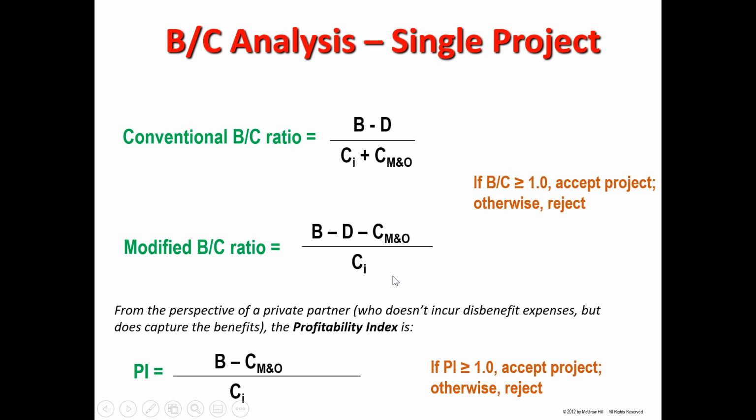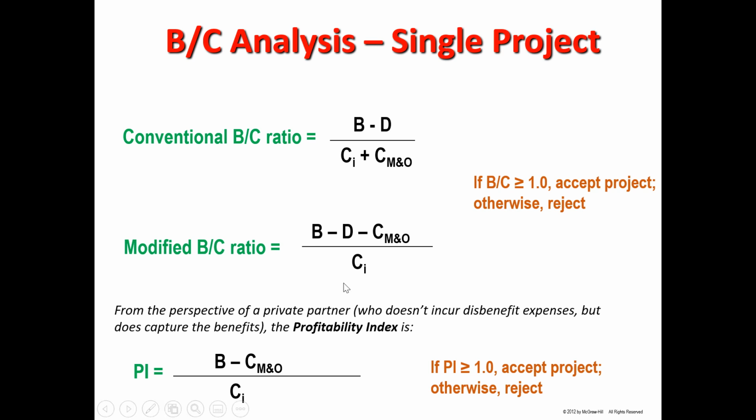Another example of that is there are some toll roads where private companies build and operate the toll road. And so they don't necessarily care about the noise that's generated or pollution from the water that runs off the roadway, because their perspective is just the profitability of the project and not the environmental or social impact.